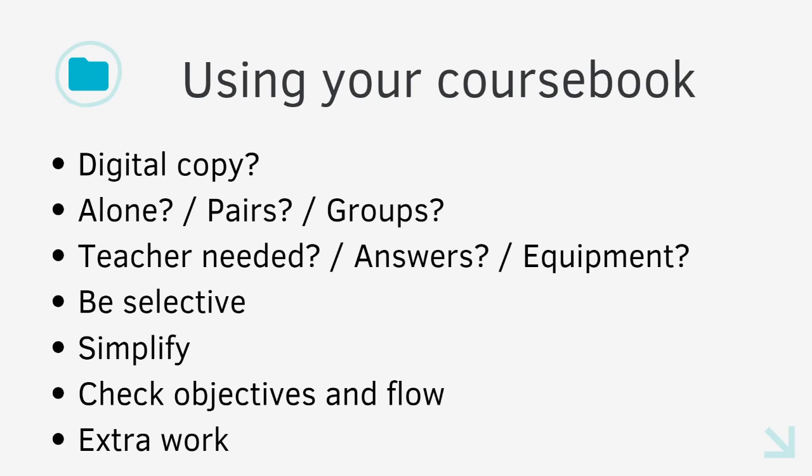Because sometimes, unfortunately, we can get rid of an exercise, say, because it's not worth being done in class, but the next exercise which we keep is actually built on the previous one. So we just have to routinely check these kinds of things.